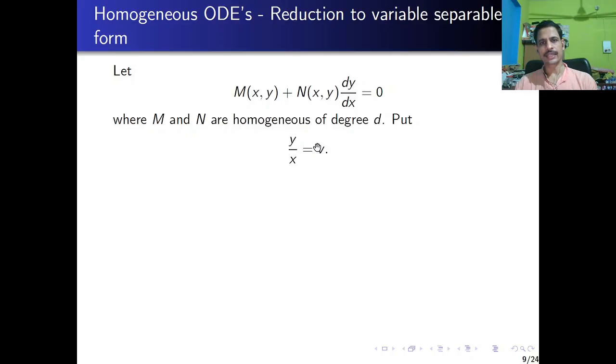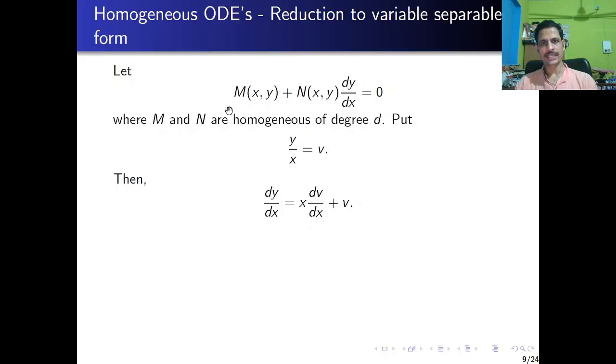Now we write y is equal to vx. When we write y is equal to vx and take the derivative, we get dy by dx is equal to v plus x times dv by dx. So we are differentiating this quantity after transferring x to the right hand side. Then we get this particular expression.